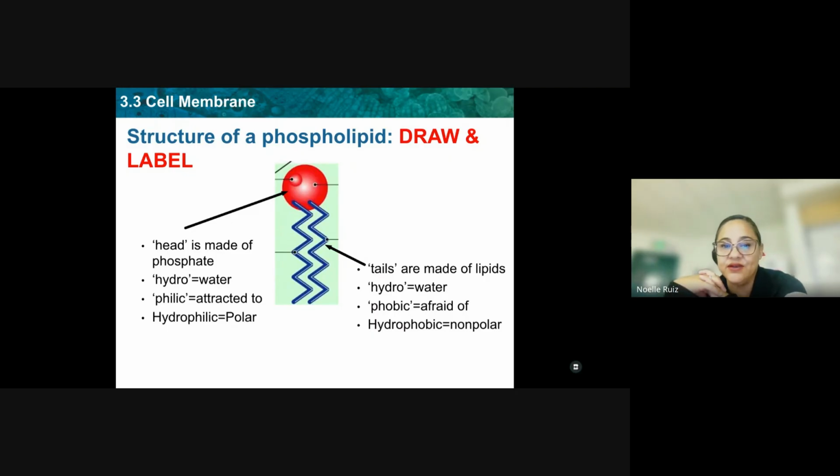The other side, the tails, the little legs, that is the part that is made of lipids. And it is the opposite. It is actually hydrophobic. It does not like water. A phobia is something you are afraid of. It is afraid of water, which makes for an interesting molecule. So that part is nonpolar. It does not mix with water well.